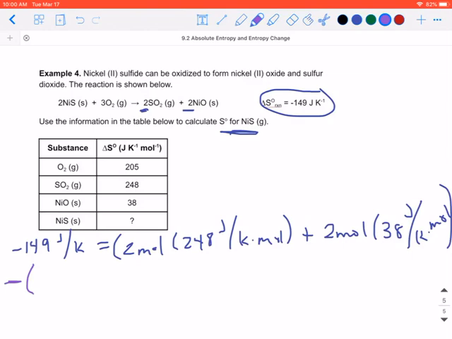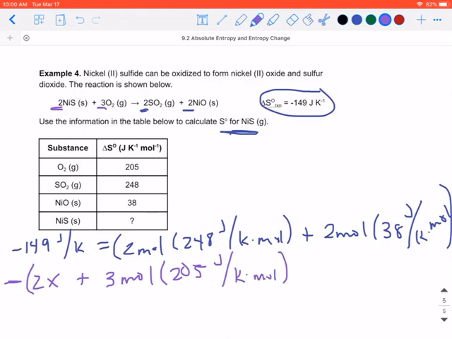So I have 2 moles of nickel 2 sulfide, and the entropy of nickel 2 sulfide is unknown. So I'm just going to change this to be 2x, plus the 3 here, so 3 moles of O2, and its entropy is 205 joules per Kelvin times moles.